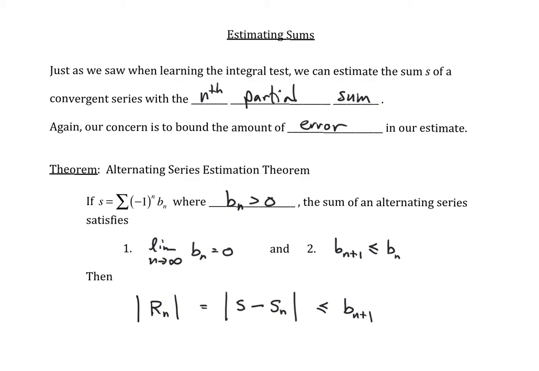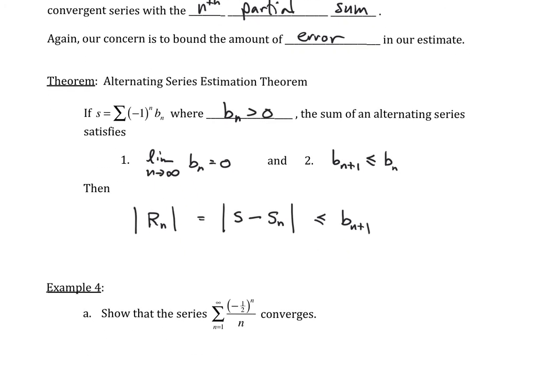Just to make it perfectly clear, this S minus Sn is that infinite tail, the sum as i goes from n+1 to infinity of our alternating series ai. So this S is our sum.